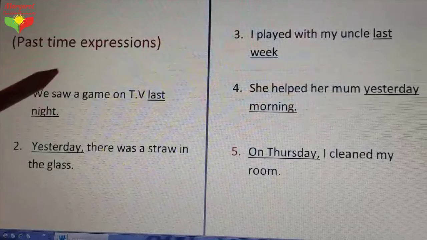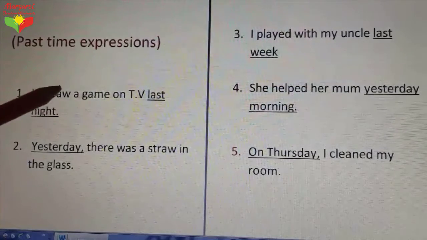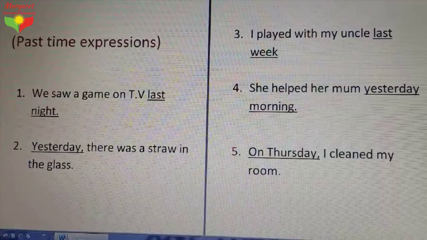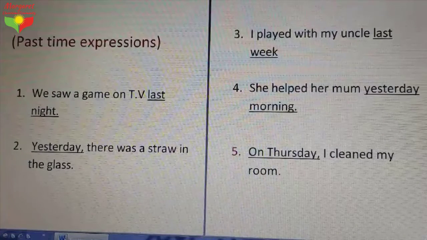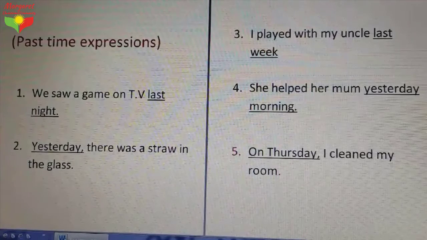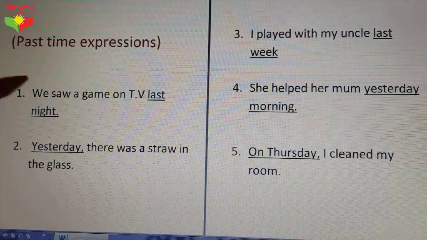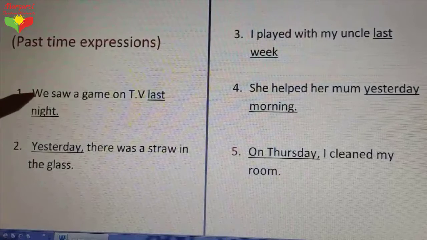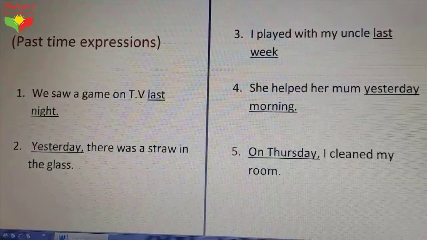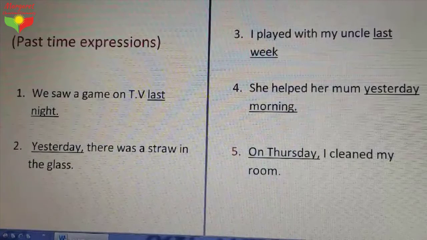If you couldn't recognize it from the verb, here we have the verb see, and the present form is see, so the past form is saw. We saw a game on TV, so it tells us that this sentence is about past time.